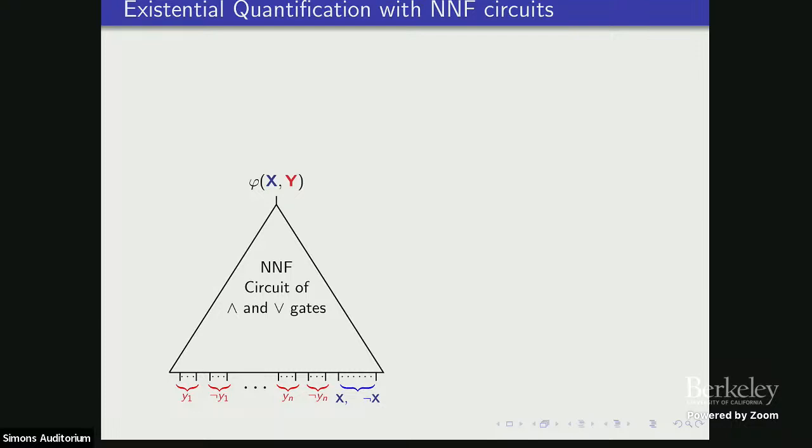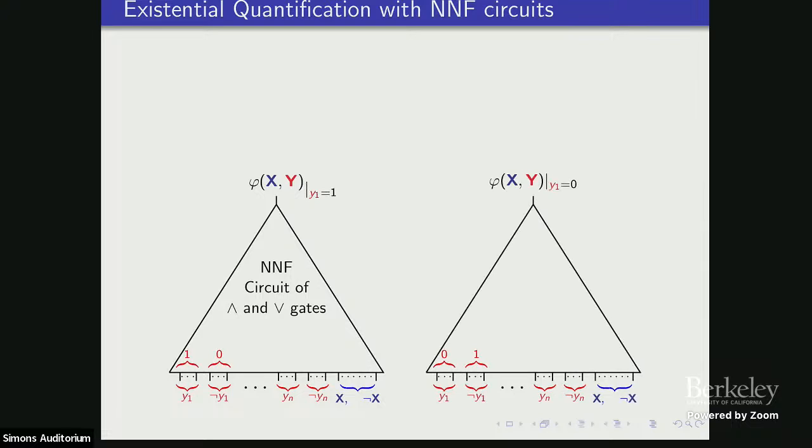If I were to do usual existential quantification, suppose I'm trying to quantify out the variable y1, I will set y1 to 1, which means I will set these leaves to 1 and those leaves to 0. And then I'll set y1 to 0, setting these leaves to 0 and these leaves to 1. And then I would like to OR them up. That's the definition of existential quantification.